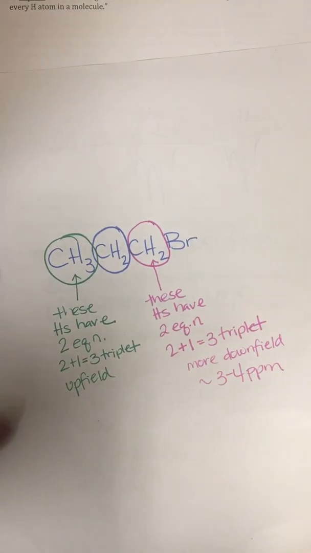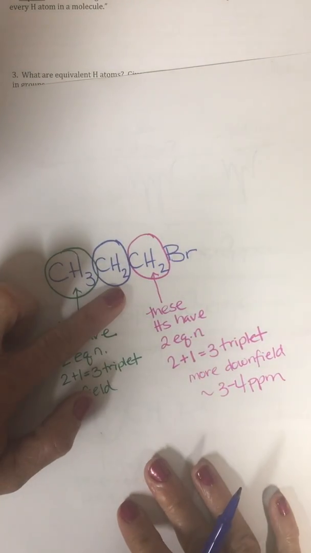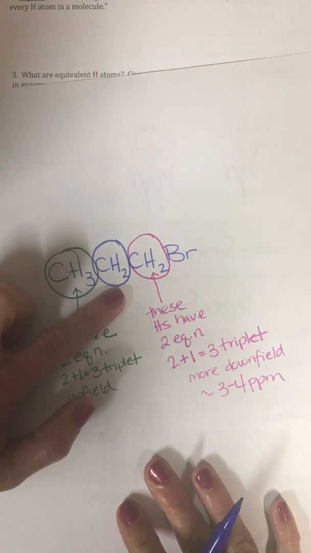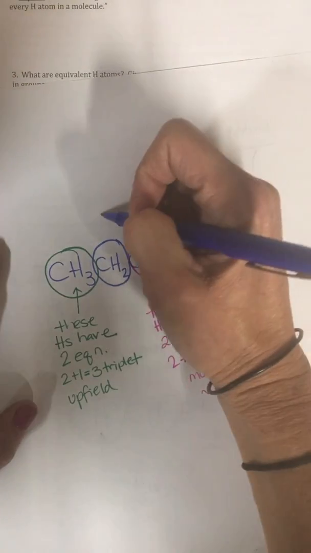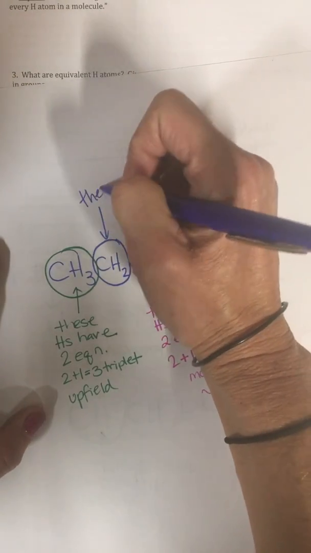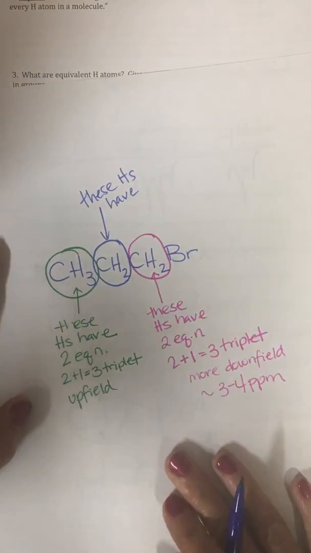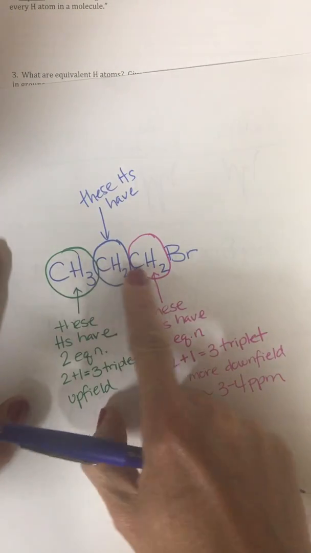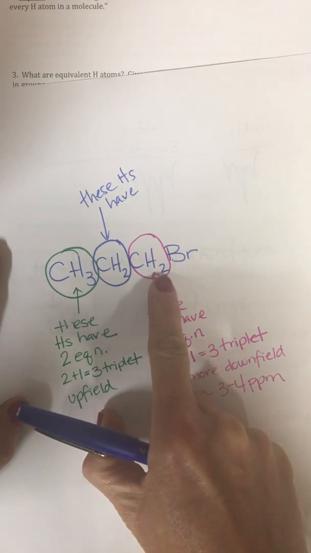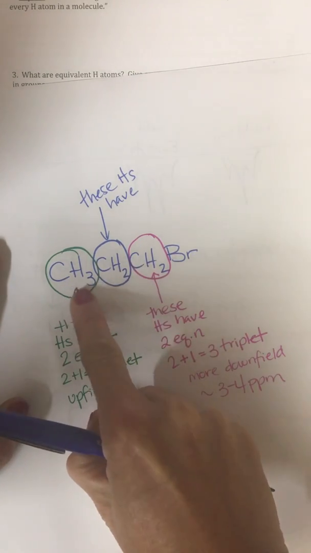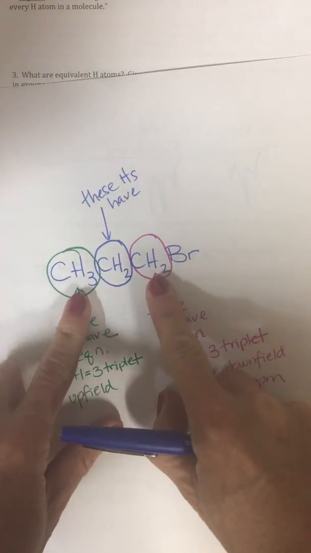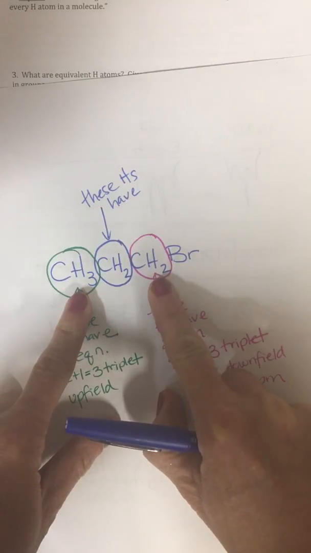Now, what about these 2 methylene hydrogens that are right there in the middle? Well, looking at these guys, if you count your neighbors, we've got 2 hydrogens there, and we have 3 hydrogens there. But these 2 are different sets of hydrogens.